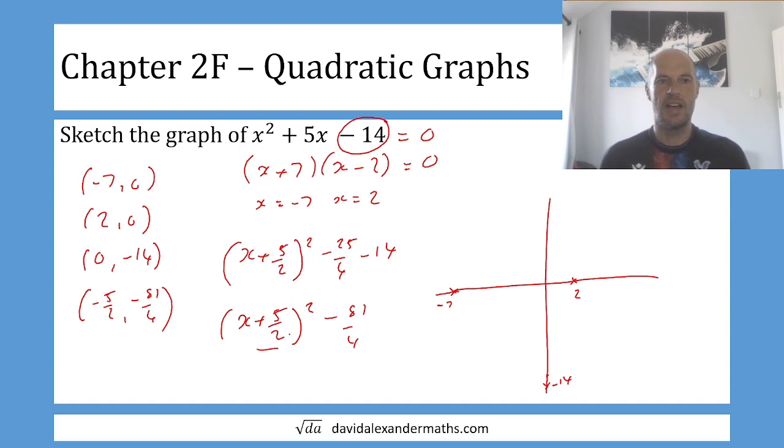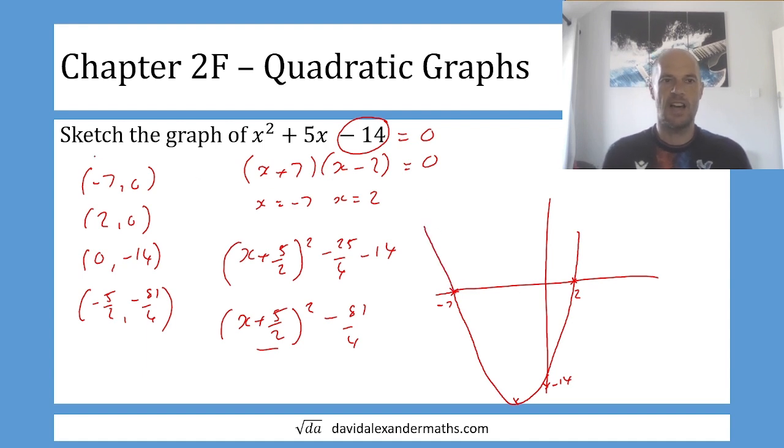Now the question is where the turning point is. So it's minus 2.5. So let's say this is minus 2.5. Minus 81 over 4 is minus 20, so it's going to be lower than the minus 14. There we go. So we just need to remember that that is the turning point there. Okay, that's not terrible.